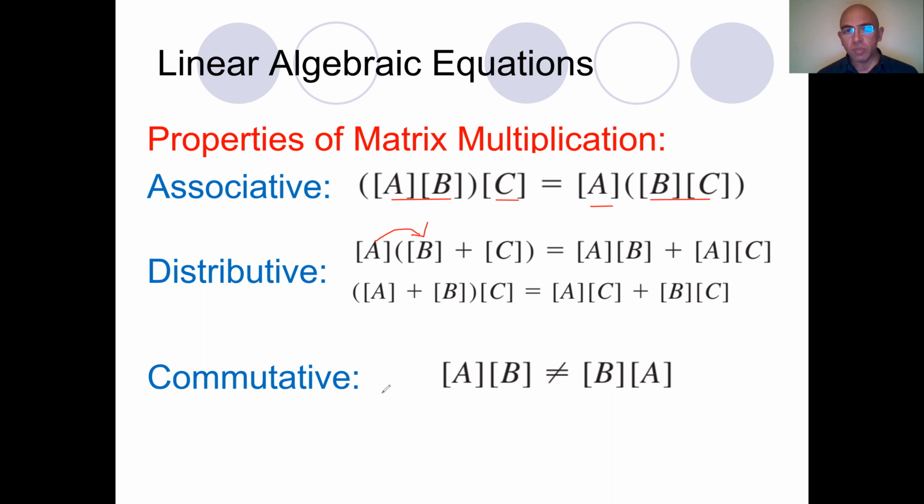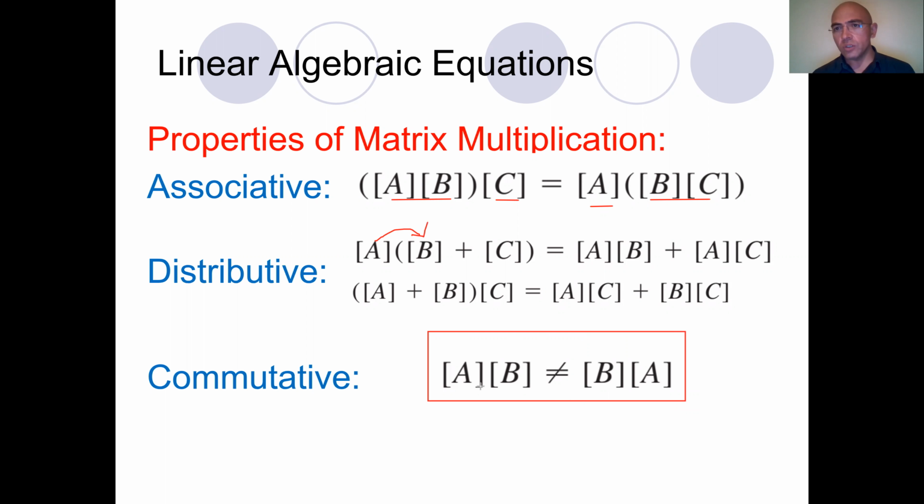But unfortunately, matrix multiplication is not commutative. So A multiplied by B is not equal to B multiplied by A in general. This is one thing that you have to pay attention to. This is in fact a critical issue. Even though the matrices are square, because the dimensions have to be compatible, remember that.